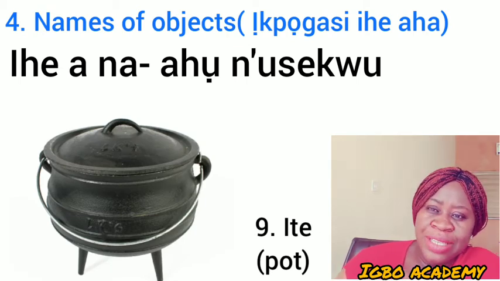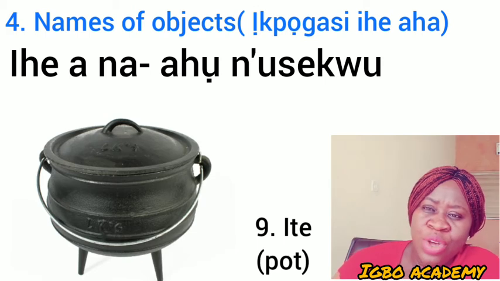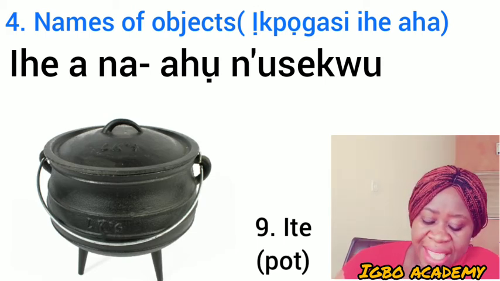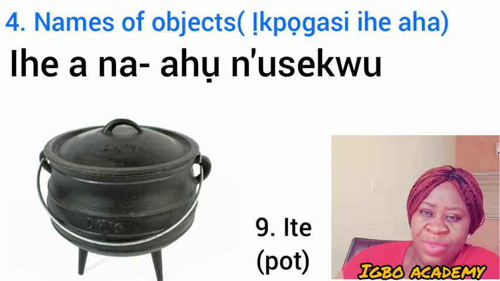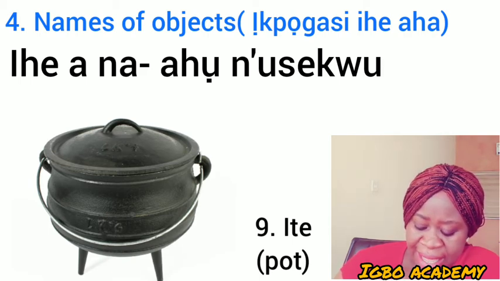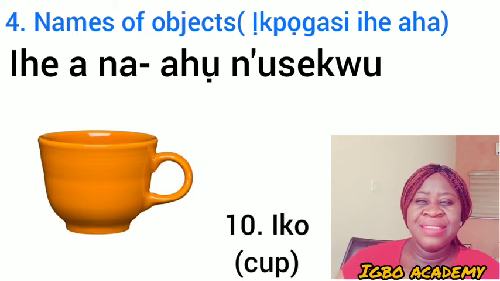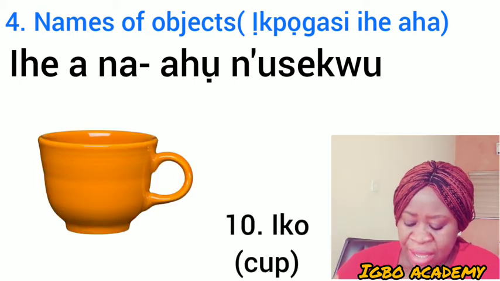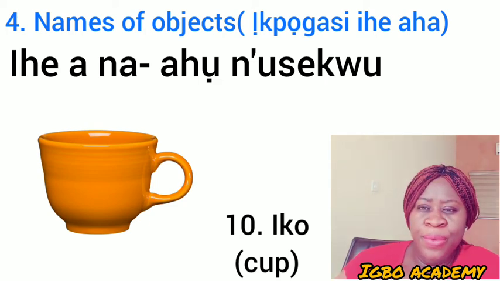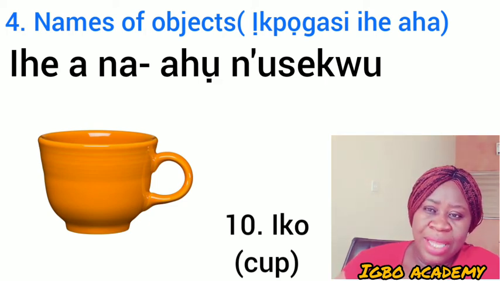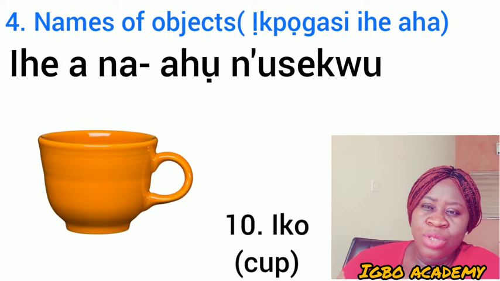The pot you use in cooking your food is called ite. And number 10 is cup. The cup you use in drinking water is called iko.